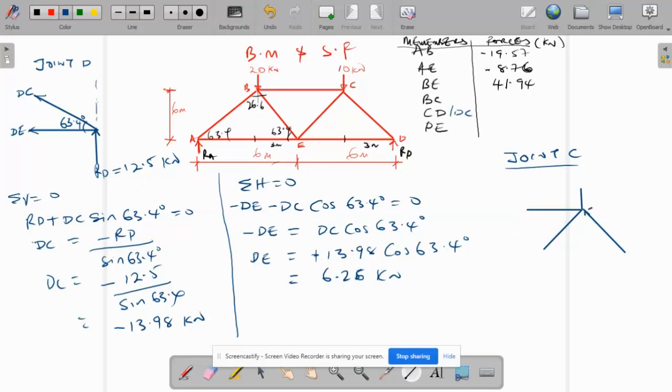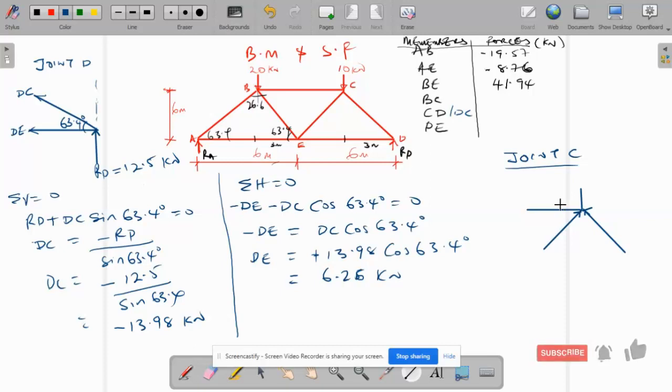We said this one is acting this way. And for the other one, we got our BC, we got our value for BC. We got AE, BE, then BC, we got BC earlier.